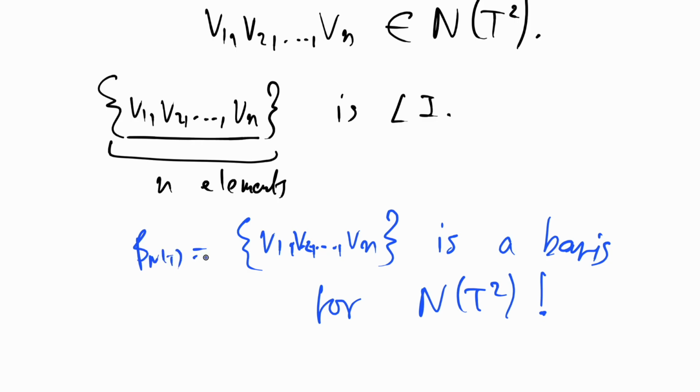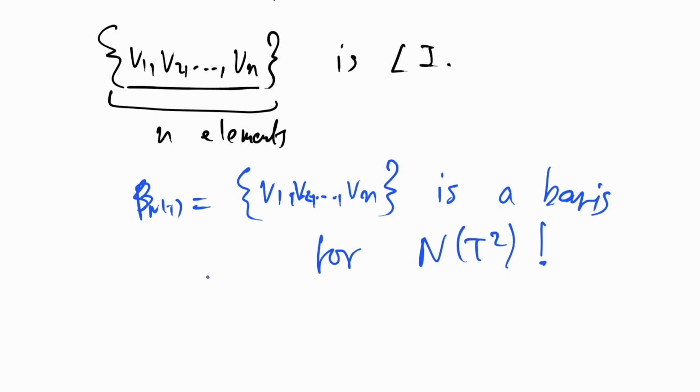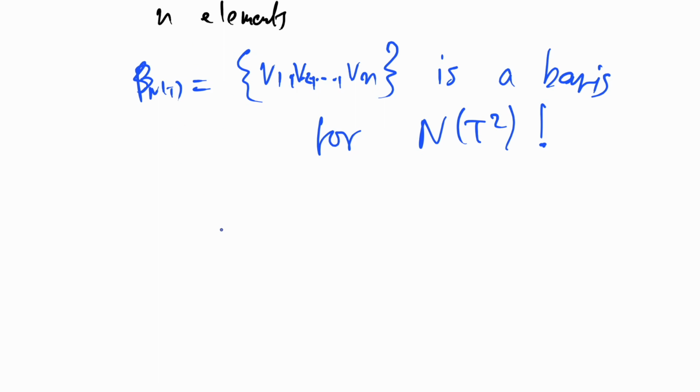And this is just the null space basis for N(T), and this is also a basis for N(T²). So N(T²) and N(T) have a basis in common, which means that N(T) is equal to N(T²). Why?